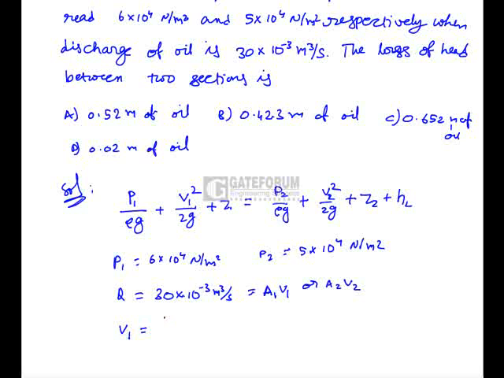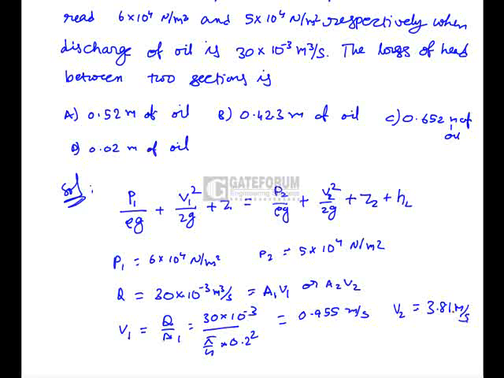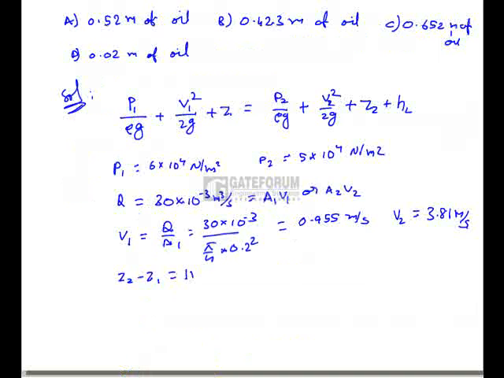V1 is equal to Q by A1, that is 30 × 10^-3 divided by π/4 d², where the diameter at the lower section is 0.2, which gives a value of 0.955 meter per second. In the same way we can find V2, which gives a value of 3.81 meter per second. Here Z1 is equal to 0 and Z2 is equal to 1 meter, or the difference between the upper and lower section, Z2 minus Z1, is equal to 1 meter.